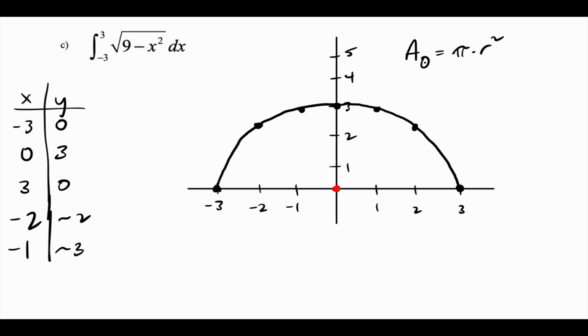And to get to any edge, it looks like I'm going to have to go 3 units. So area equals pi times 3 squared. If you can't use a calculator, just leave it 9 pi.